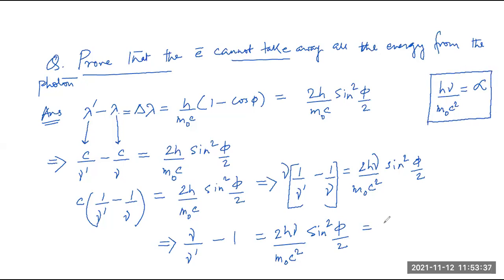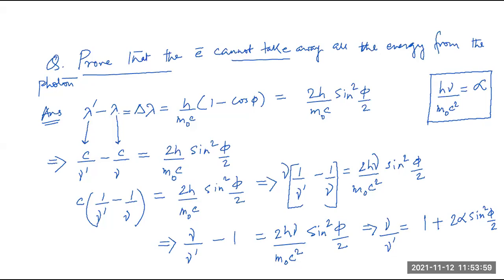So what do I get? I get nu by nu prime is equal to 1 plus 2 alpha sine square phi by 2. Is it okay, everybody?